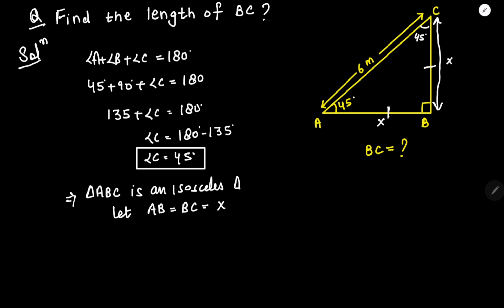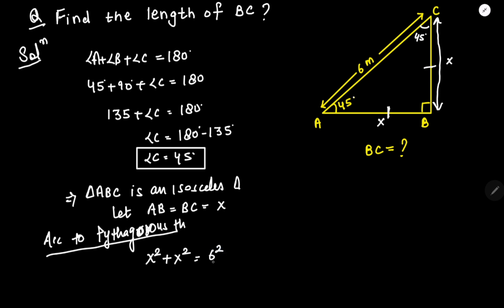Now we can apply Pythagoras theorem. According to Pythagoras theorem, we know that perpendicular square plus base square is equal to hypotenuse square, that is 6 square, right?